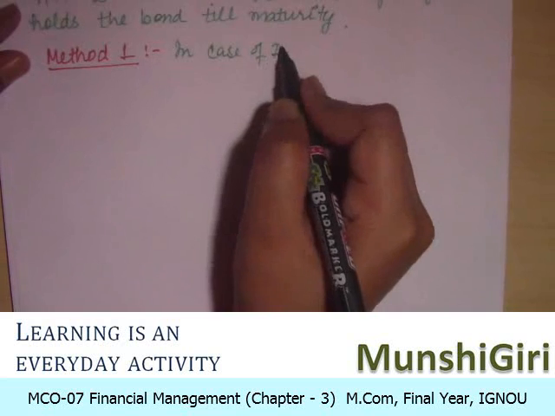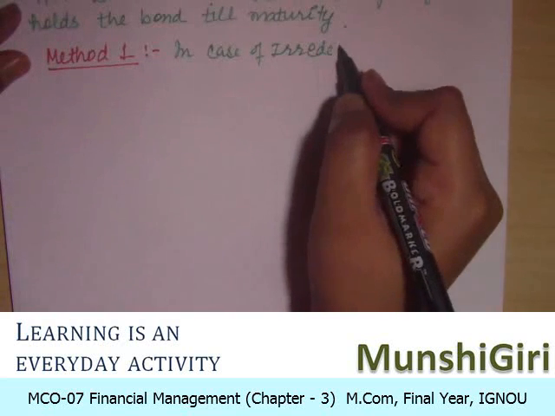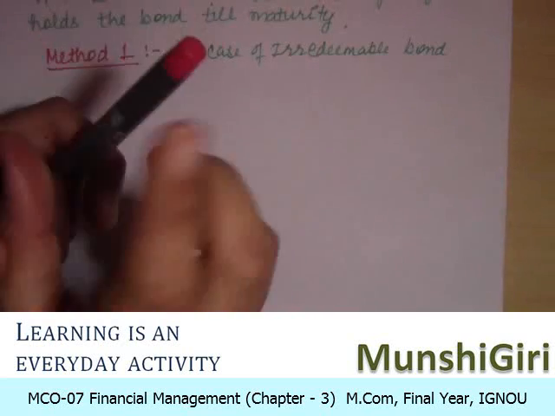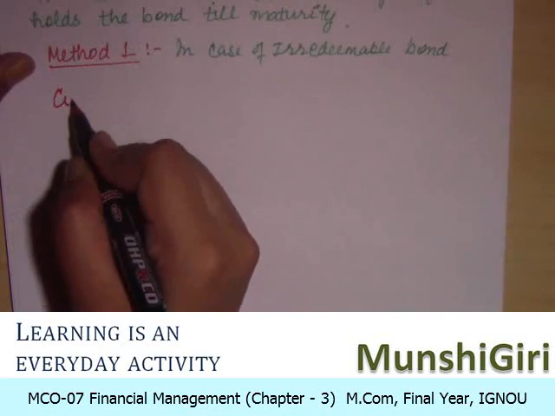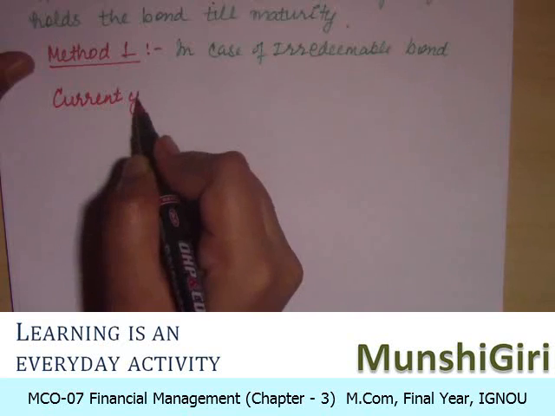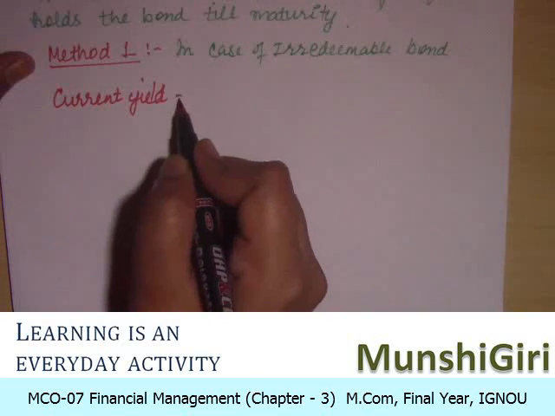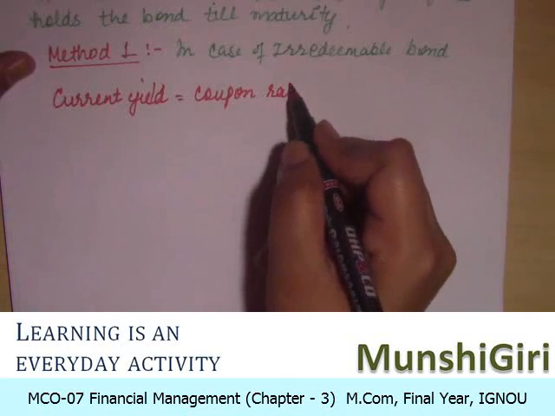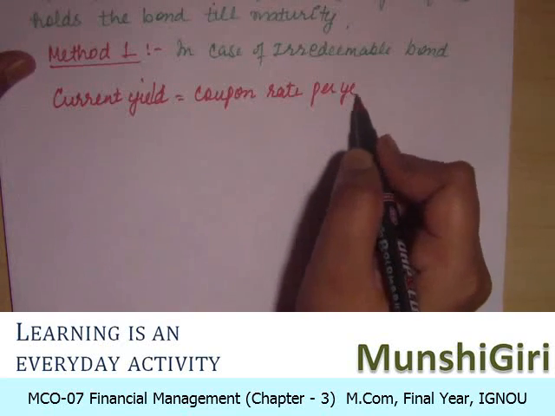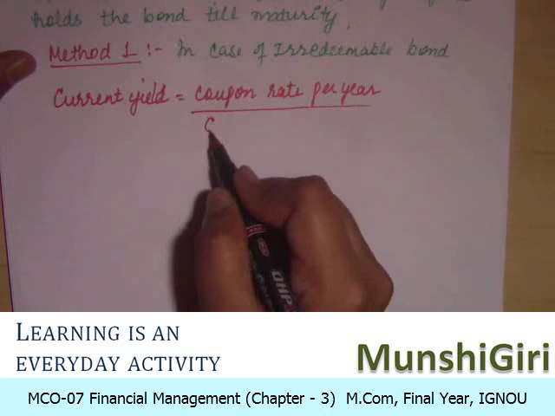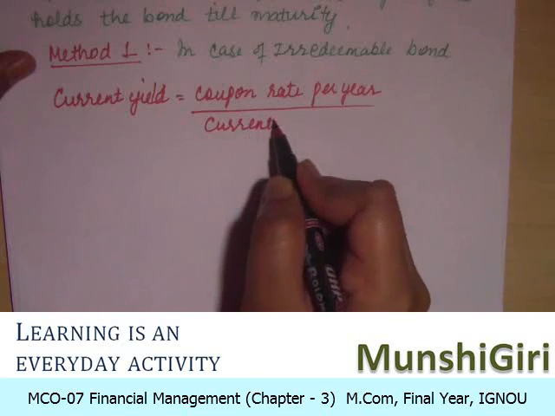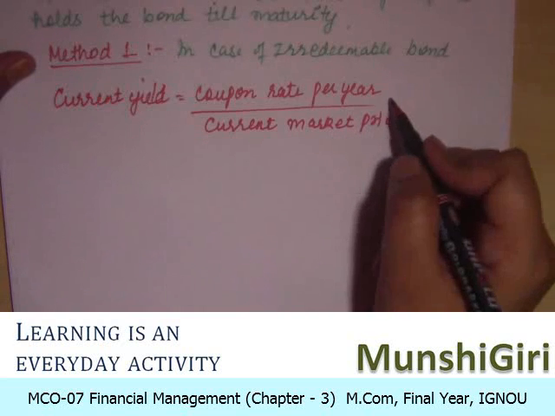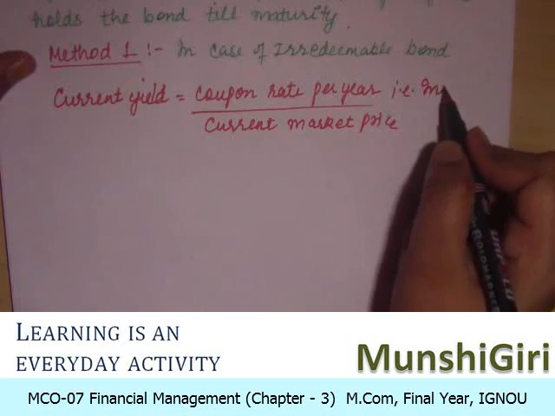In case of irredeemable bonds, current yield is equal to coupon rate per year divided by current market price. Coupon rate is interest.